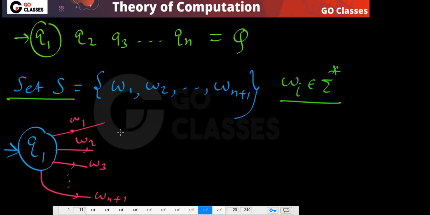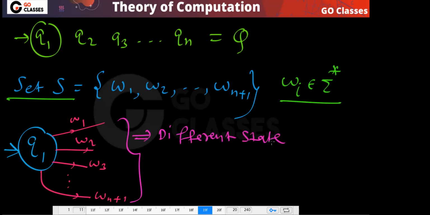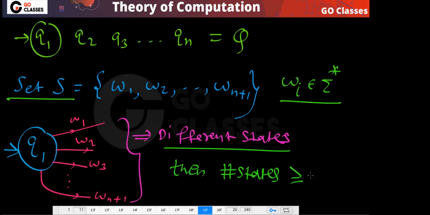If all of them are different states, the number of states we need is at least n plus 1. At least n plus 1 states you need, correct?